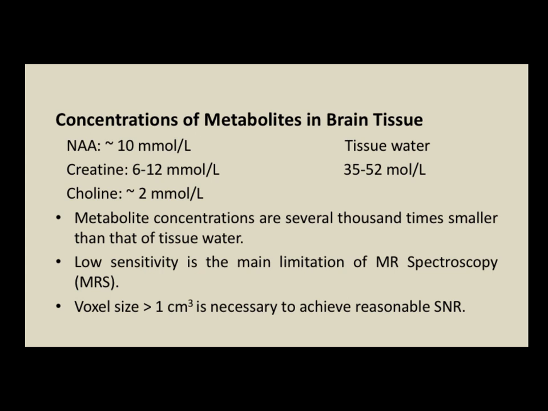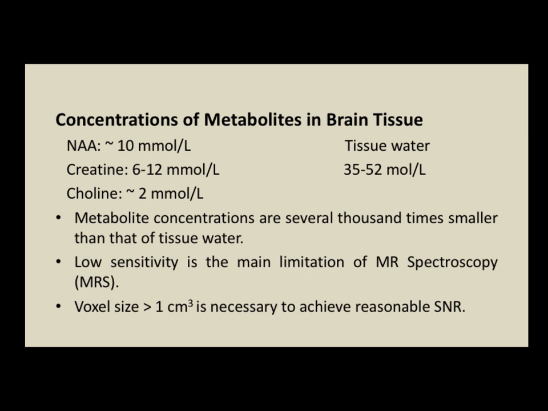The concentrations of metabolites in the human brain are roughly around 10 millimole per liter, or even smaller. The highest, NAA and creatine, are around 10 or 12 millimole per liter.